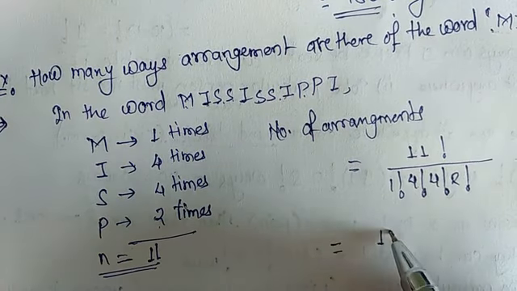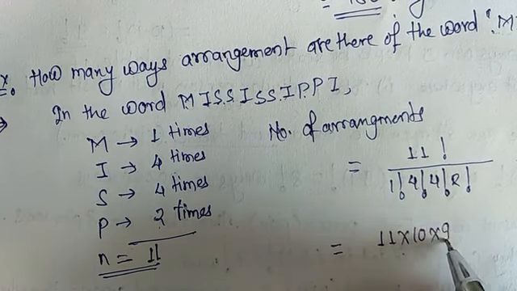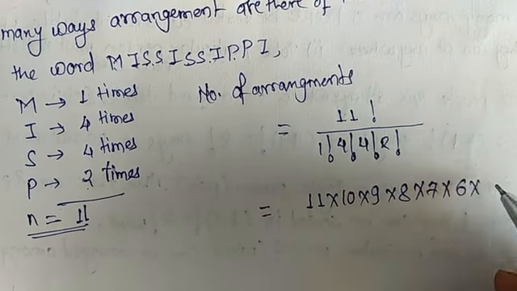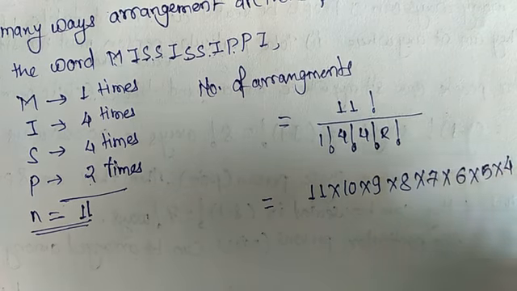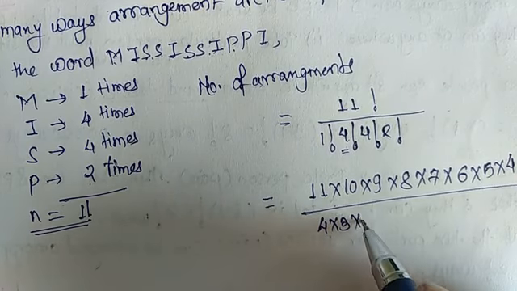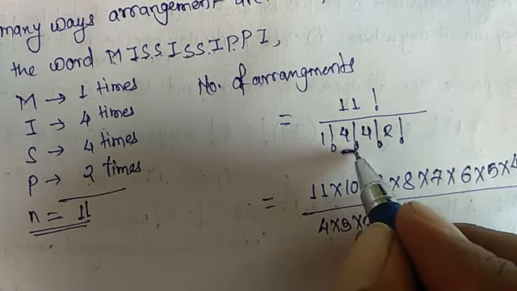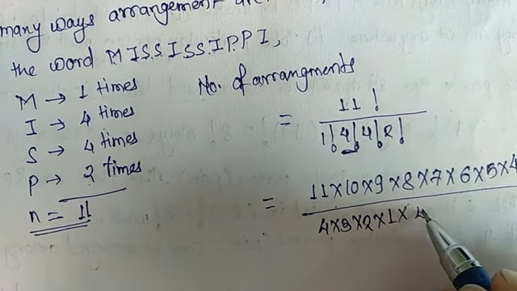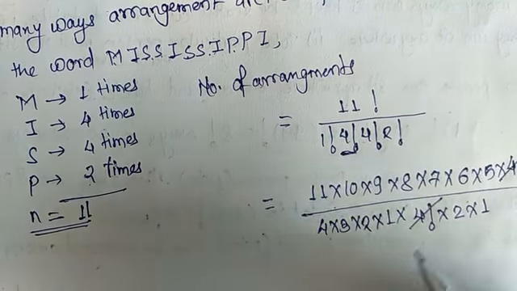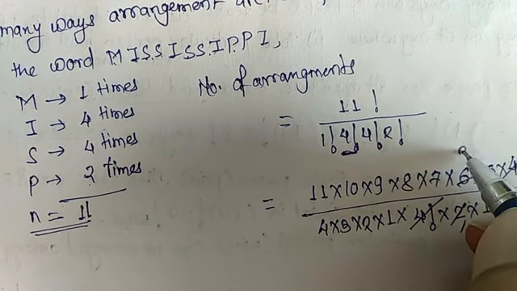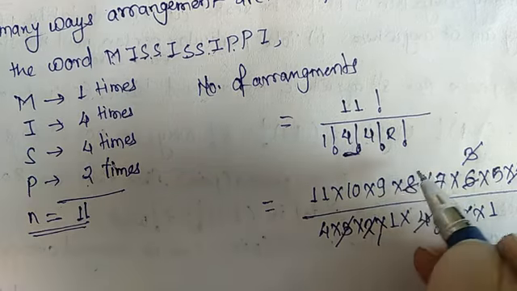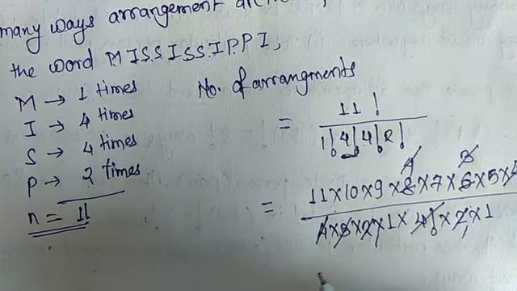This equals 11 into 10 into 9 into 8 into 7 into 6 into 5 into 4 factorial, divided by 4 factorial, which can be written as 4 into 3 into 2 into 1, we keep the other 4 factorial as it is, and 2 factorial as 2 into 1. So 4 factorial gets cancelled. 2 threes are 6, so 3 gets cancelled. 2 fours are 8, and this 4 gets cancelled.